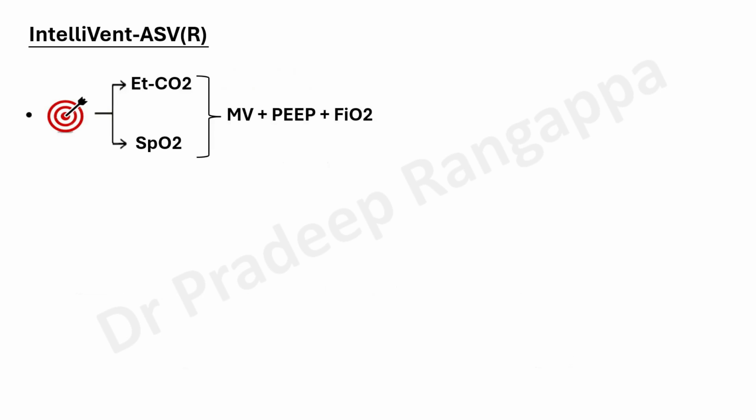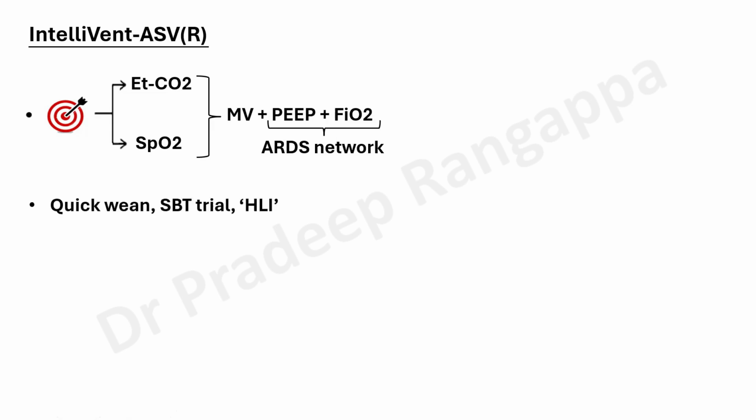The mode automatically determines the minute ventilation plus PEEP plus FiO2 to achieve this end tidal CO2 and saturation. And this PEEP and FiO2 is adjusted based on the ARDSnet table that you have for what PEEP is needed for what FiO2. It derives that from this, and it auto adjusts PEEP, FiO2, and minute ventilation.